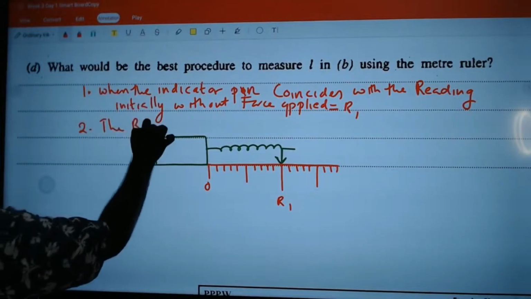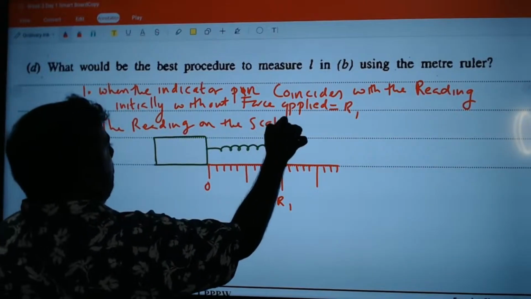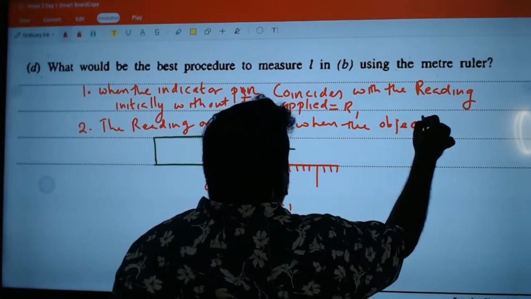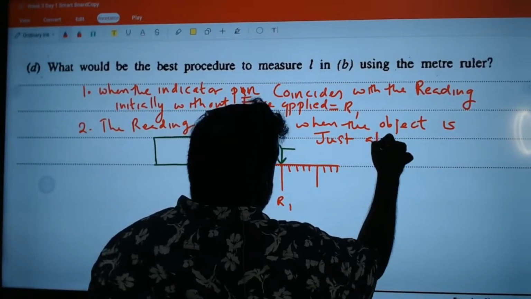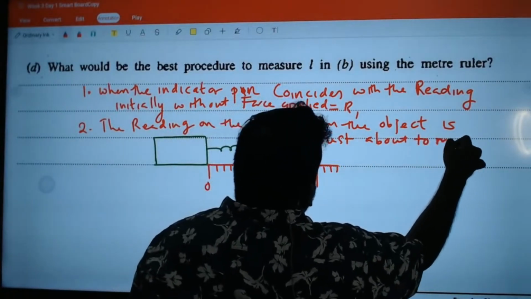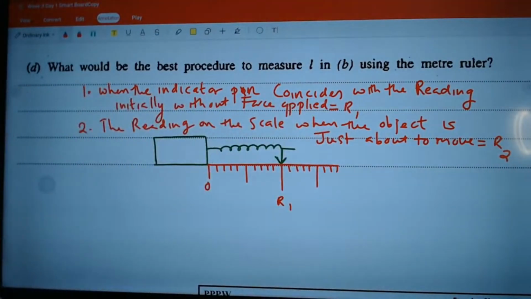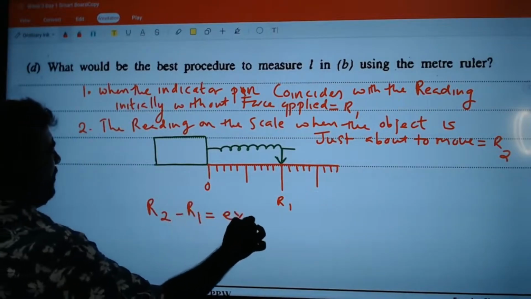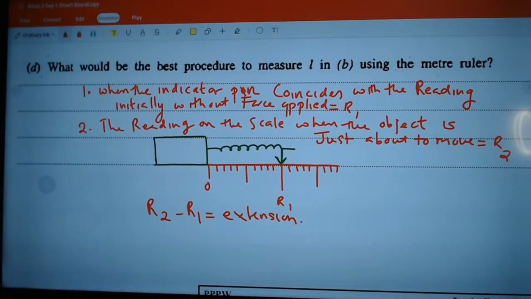The reading on the scale when the object is just about to move, let's say the reading is R2. Difference in the reading, R2 minus R1, will give you the extension, and that will give you the force. Okay? That will give you the force.